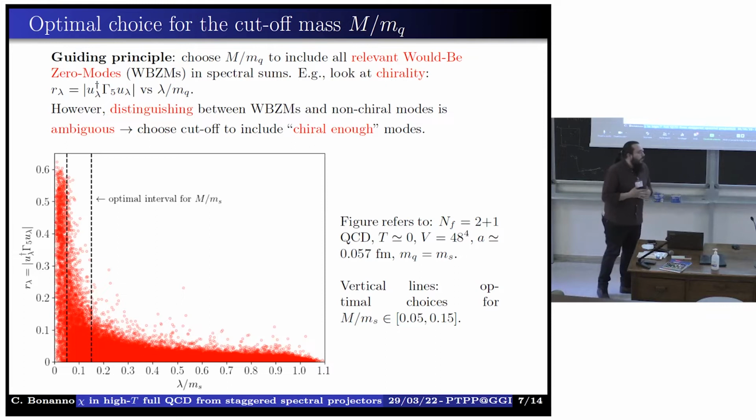So what we did is essentially to find, let's say, an optimal interval where we try to include all the modes that look chiral enough on this scatter plot. And essentially, we compute the continuum limit of chi for several different values of the cutoff in this interval in order to check that everything is working as we expect. Because of course, we cannot just choose one value.